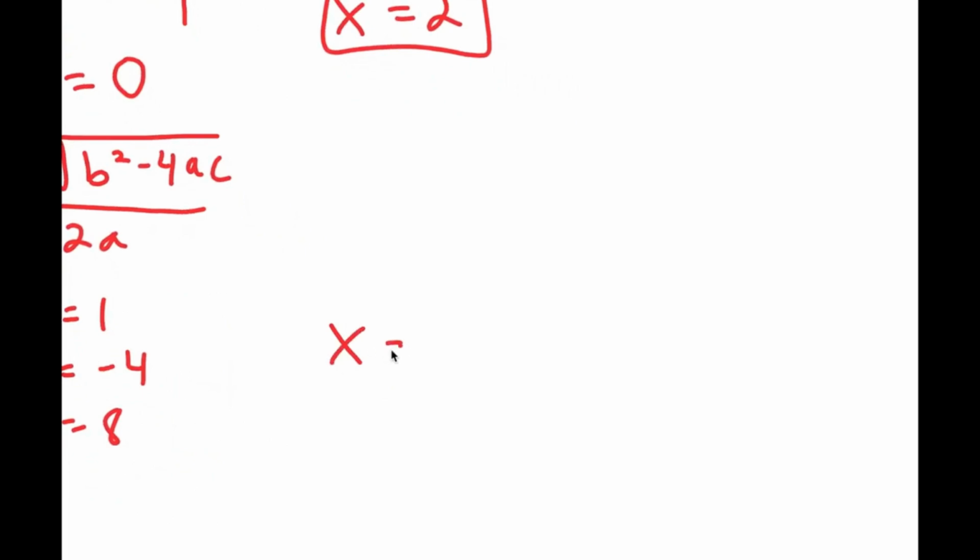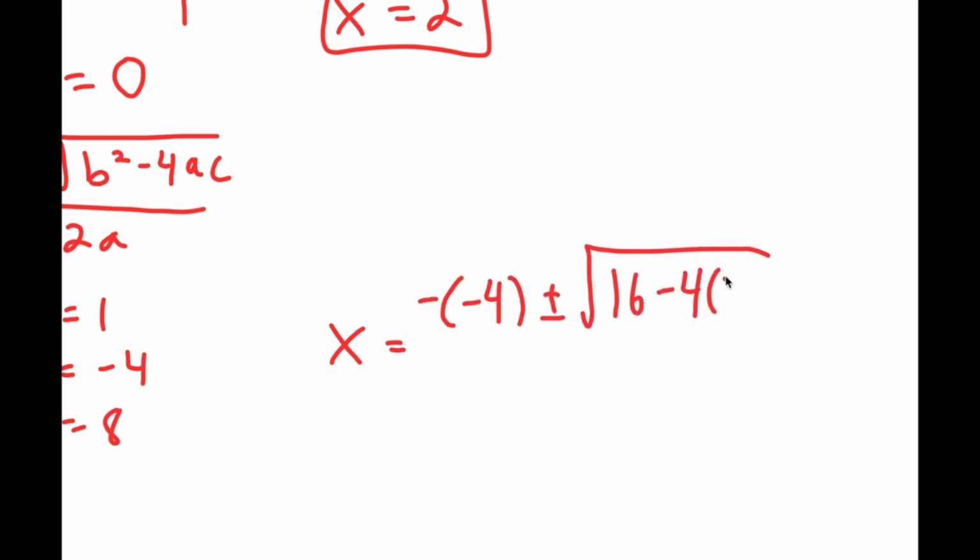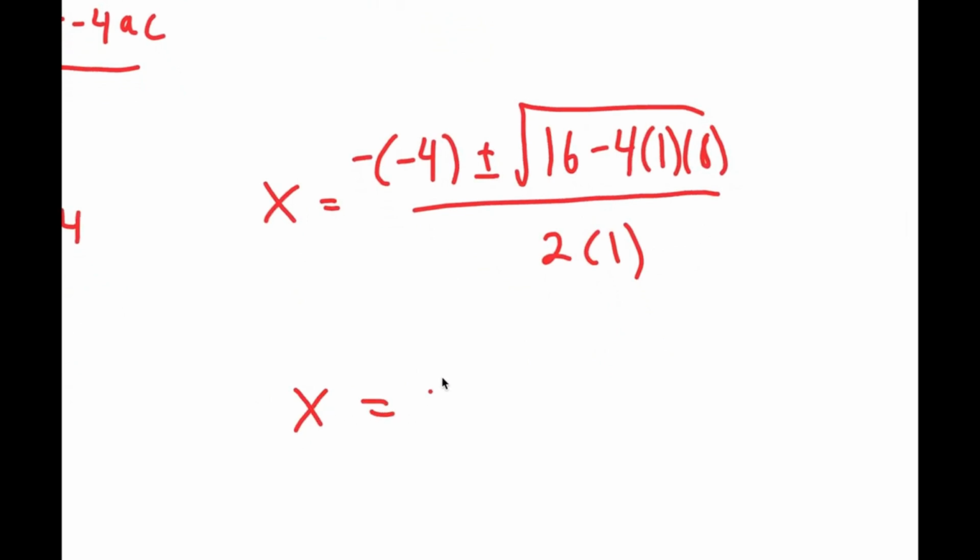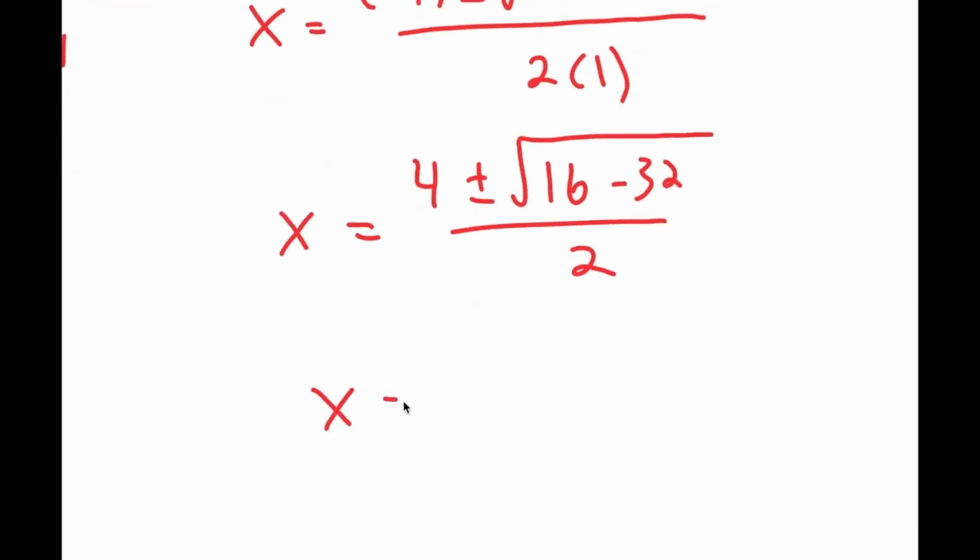So I have x = (−(−4) ± √((−4)^2 − 4·1·8)) / (2·1), where (−4)^2 is 16. And this turns into (4 ± √(16 − 32)) / 2, which turns into (4 ± √(−16)) / 2.